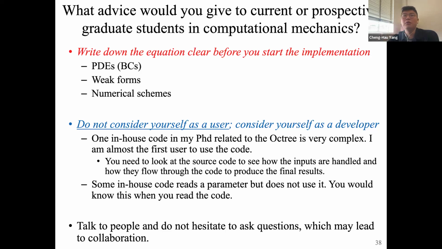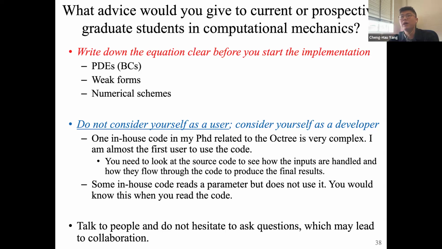But some people do not know what these parameters are actually used for inside the code. We should try to understand where the parameter is read and followed inside the code, and whether it goes into integration, into assembly, or is mainly used for post-processing. Then if we change the parameters, we know what we actually change in our simulation.